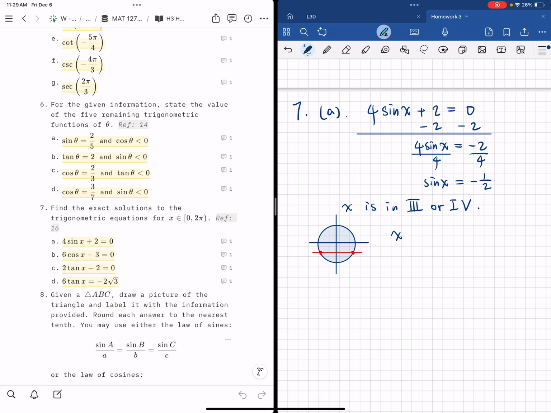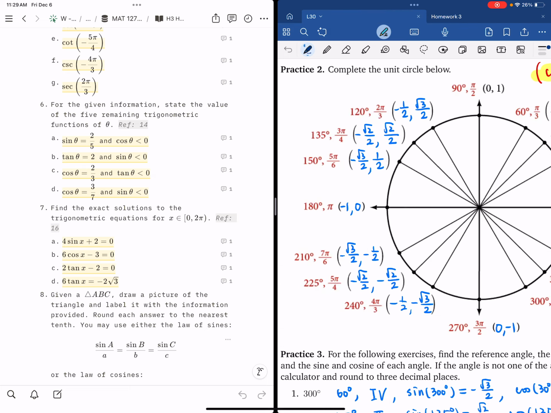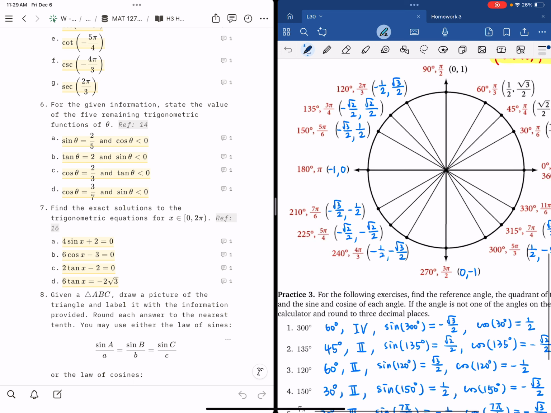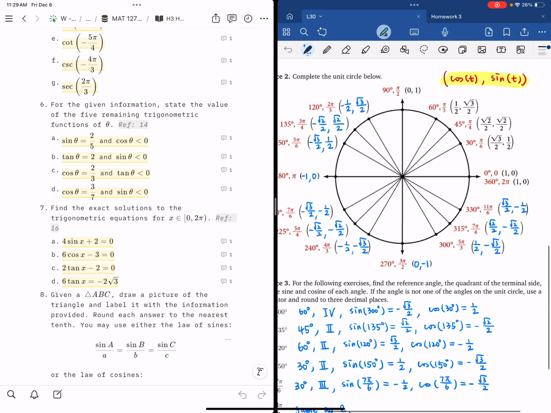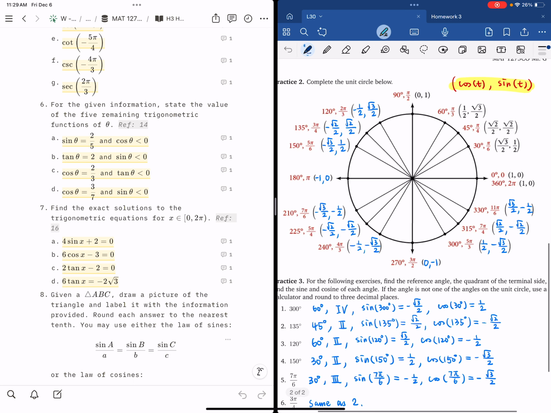So I'm going to use the unit circle. The y coordinate is negative 1/2. And if you look at our unit circle, there are two such angles, right? One is 210, the other one is 330. Did the question mention what kind of format the angle should be?